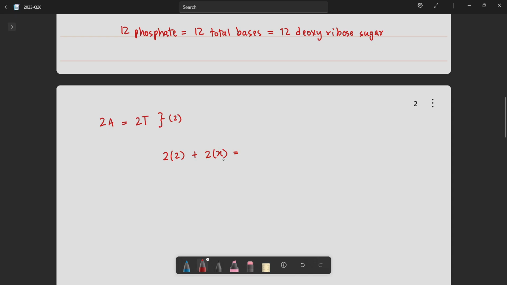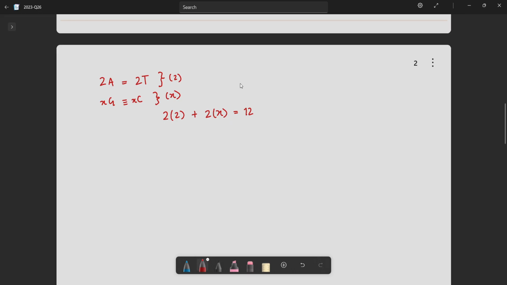This 2x is the number of guanine and cytosine, which base pair with 3 hydrogen bonds. We're not sure about the number of guanine and cytosine yet, so we number this as x. We formed this equation, and we know the total is 12 nitrogenous bases.